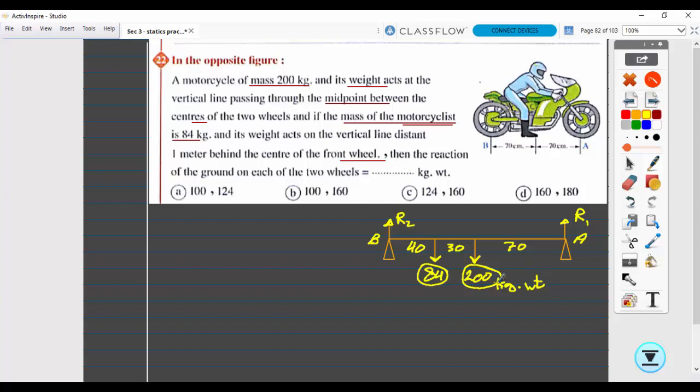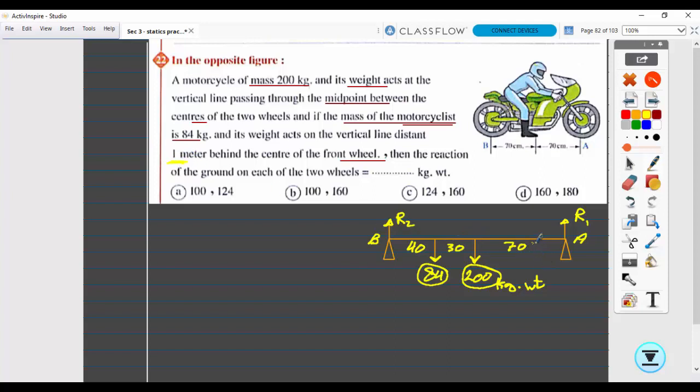It is the weight of the motorcycle, but the weight of the motorcyclist lies at the point distant 1 meter behind the wheel A, the axis of the wheel A here. So the distance between the motorcyclist and A equals 1 meter according to the given.